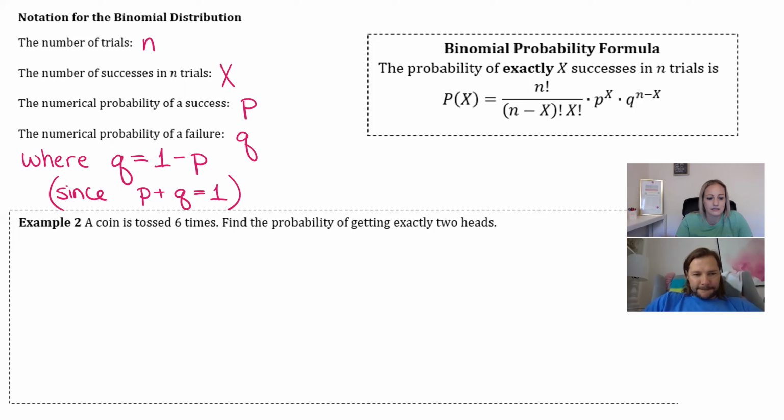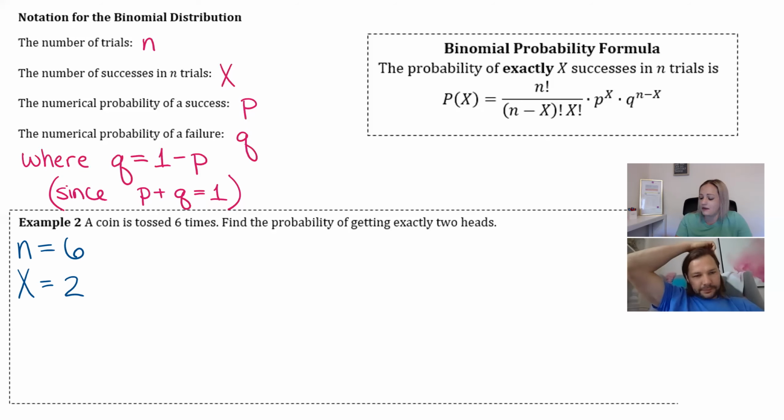So example 2 says that a coin is tossed 6 times. Find the probability of getting exactly 2 heads. Okay, so n is going to be the number of trials. So we're tossing our coin 6 times. X is going to be whatever we're trying to figure out, so the probability of getting exactly 2 heads.